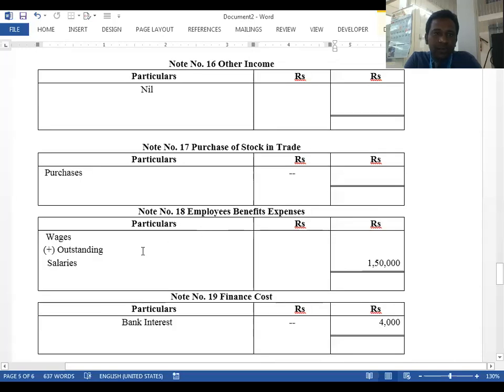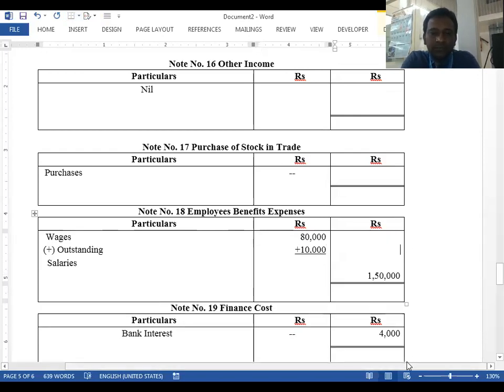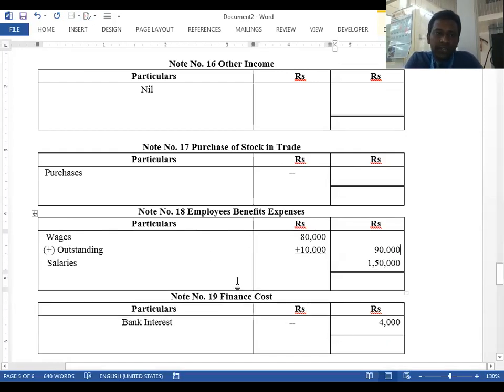See here, employee benefit expenses, wages, and add outstanding wages 10,000. So total amount is 90,000.